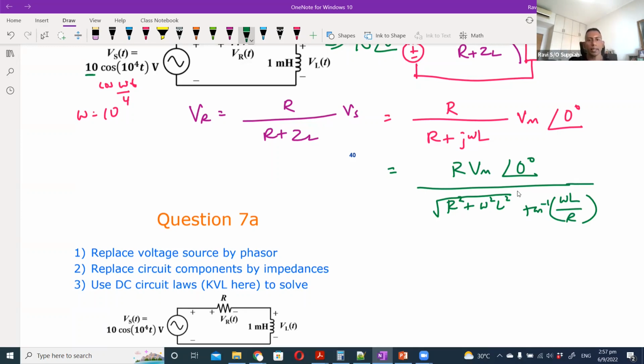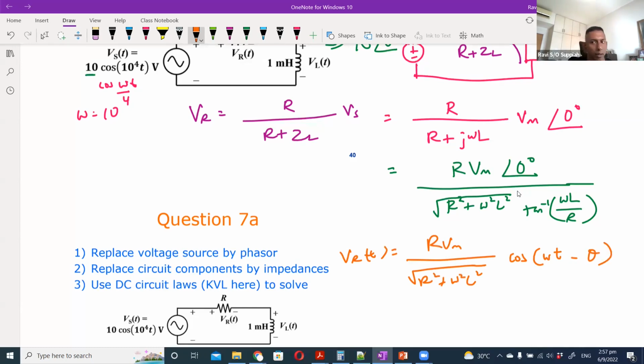All right, so with that, you can put the final expression for VR(t) as R Vm over the square root of R square plus omega square L square, times cosine of omega t minus theta.